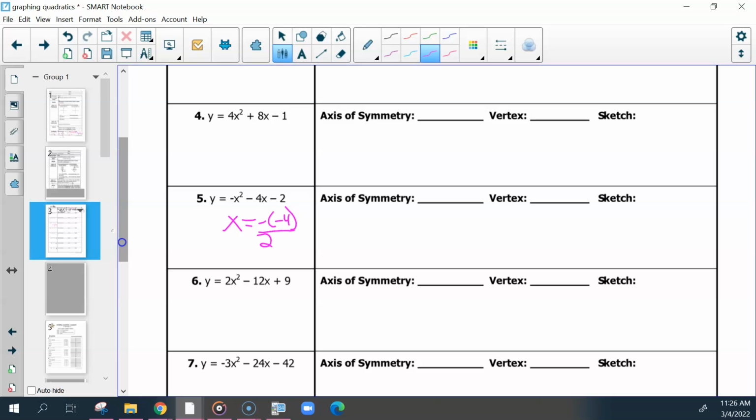And then we also have a negative 1. So when we simplify that, what would our axis of symmetry be? And our final answer? Negative 2.